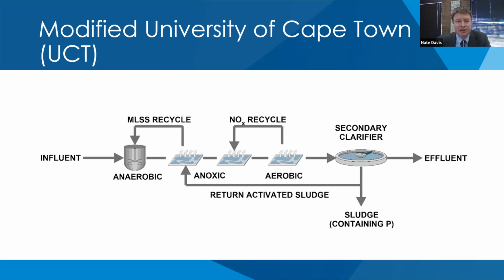And the idea here is to actually split the anoxic zone into two separate reactors and to add a new recycle line. So the return activated sludge no longer comes into the anaerobic tank. Instead, we bring it into an anoxic basin where we utilize carbon from the influent wastewater to denitrify it.